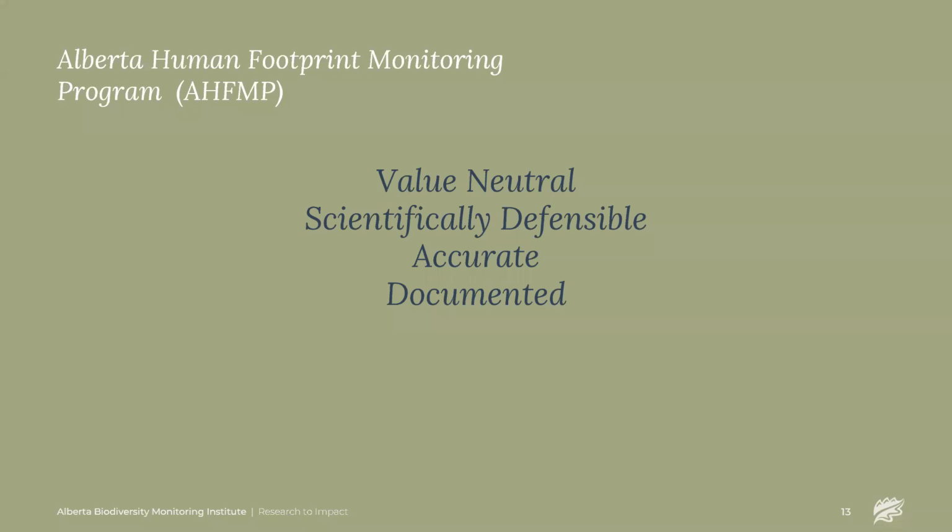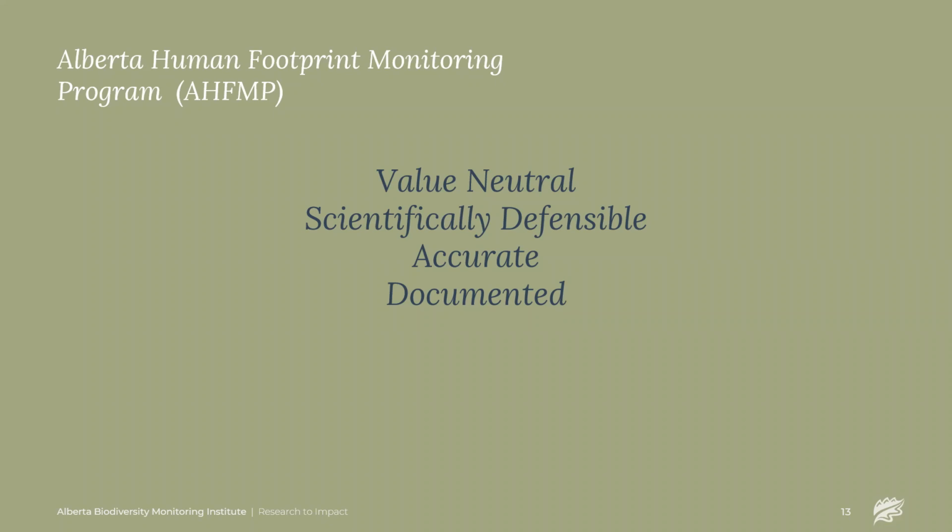HFMP aims to be value neutral, scientifically defensible, accurate, documented. So there is a lot of documentation existing to explain all the processes that are involved in creation of those sublayers. As I mentioned already probably a couple of times, we aim to provide a value neutral data set.